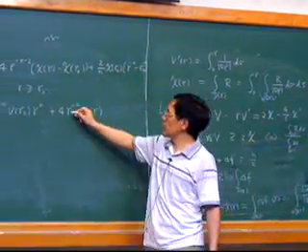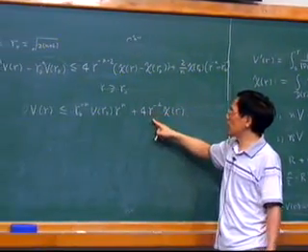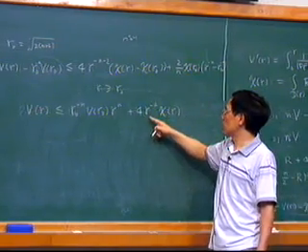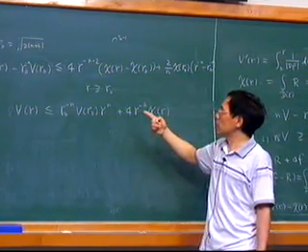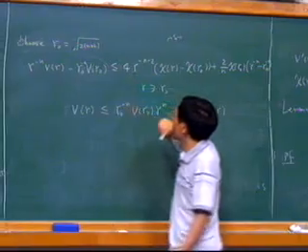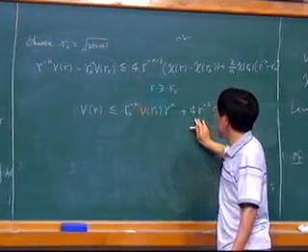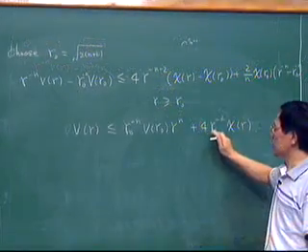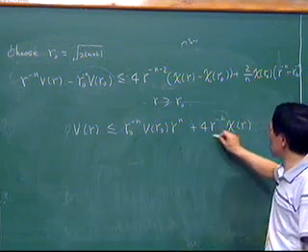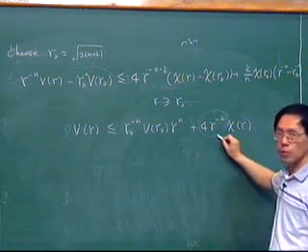So we can choose this r. For example, we can choose r when r is big. So you can choose this less than 1/2.